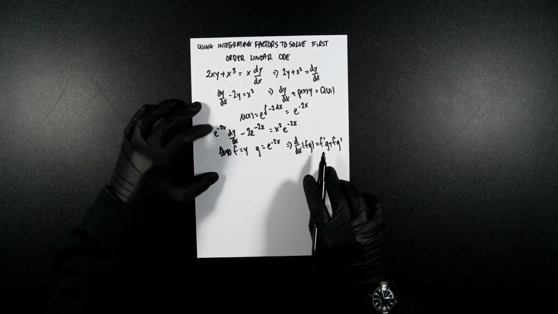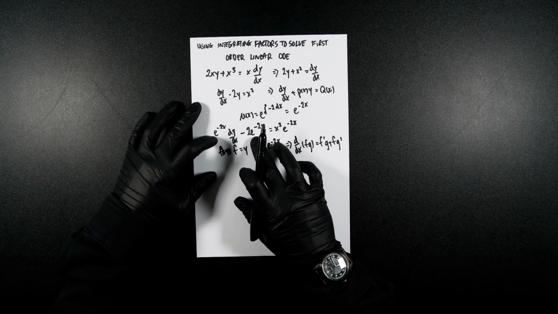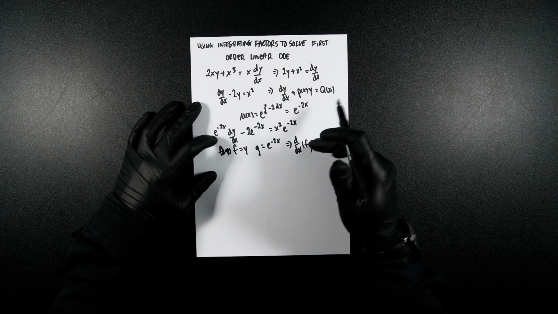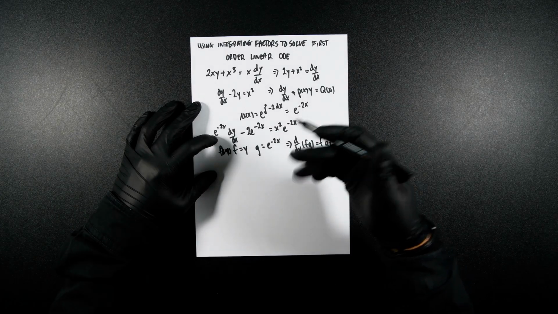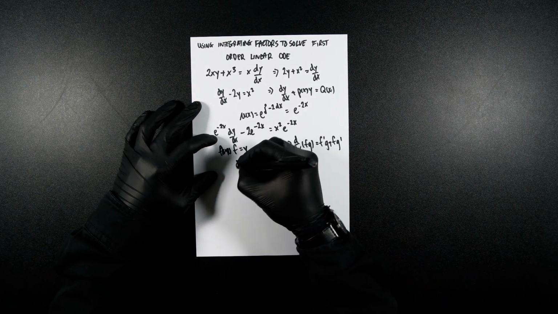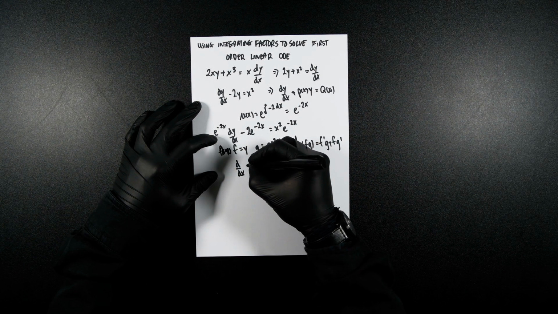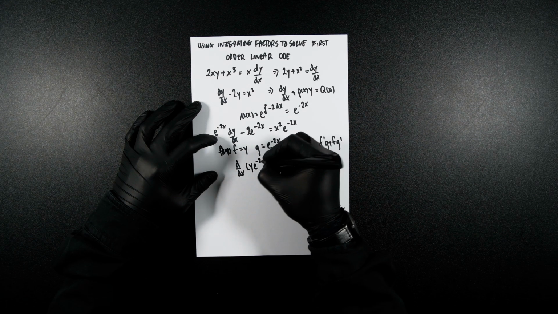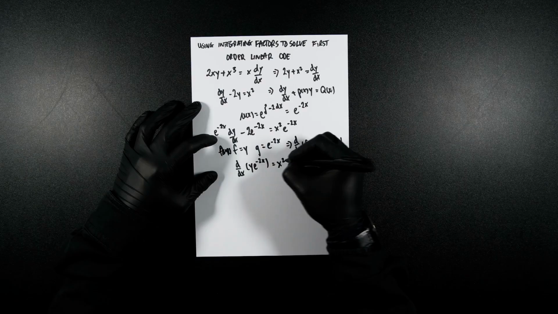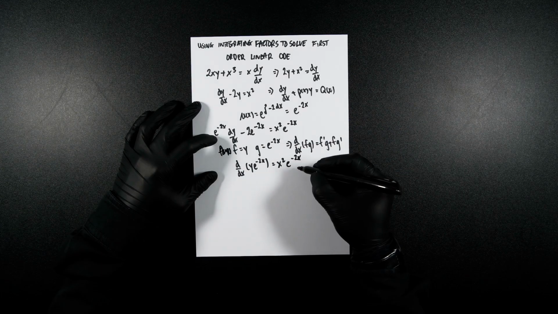So you know that if each of these terms is represented this way, we can change this into the derivative. Therefore, the left-hand side would be d/dx of y e to the minus 2x, which equals x squared e to the minus 2x. So that's the right-hand side.